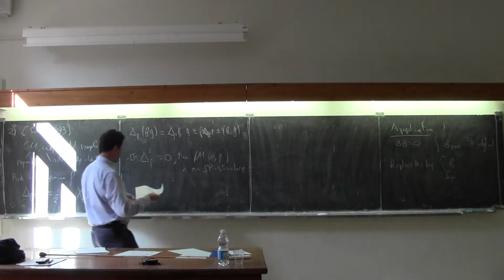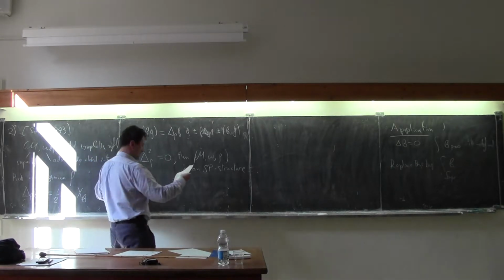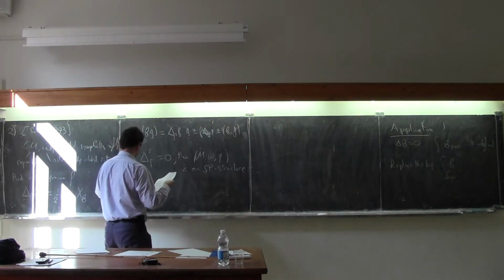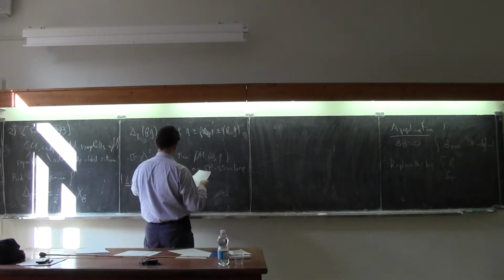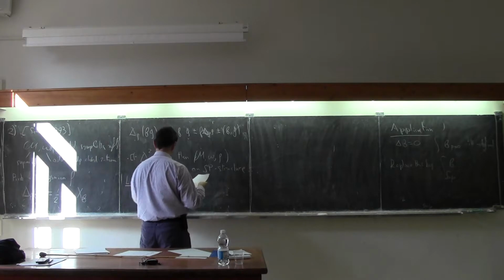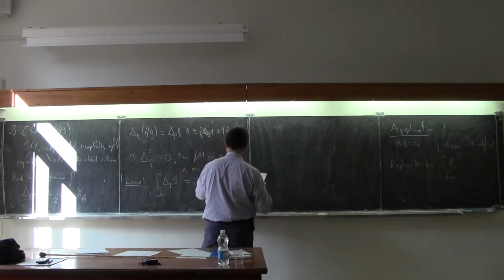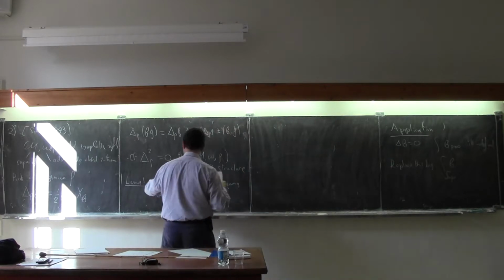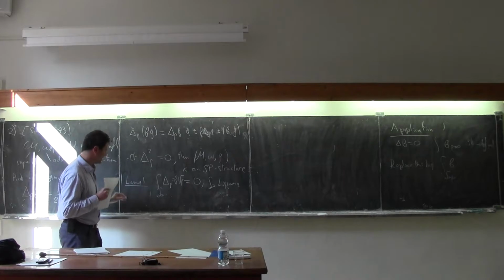Then assume that this is satisfied. Then there are two important lemmas. Lemma 1 says that the integral of an exact function on a Lagrangian submanifold is 0. Here I should take the integral with respect to the square root of this rho. I will explain in a moment what this means.